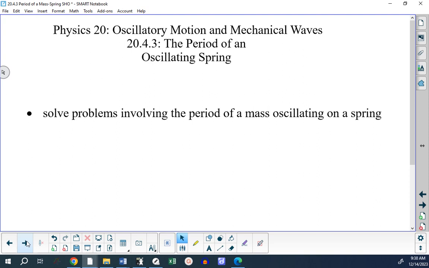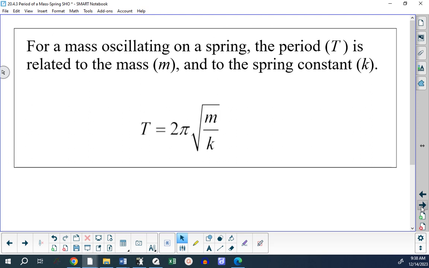Okay? So we're simply going to solve some problems using the period of a mass oscillating on a spring. There's a formula here, and it probably should not come as a big surprise to you that if I have a mass on a spring and I set it into oscillation, the time it takes for that mass to move from the bottom back to the bottom is connected in some way to the mass and the spring. I just want to straighten this out.